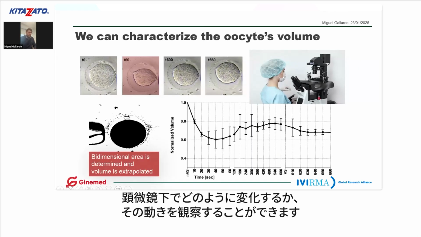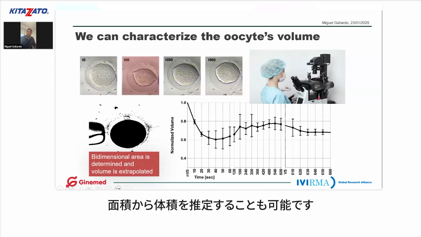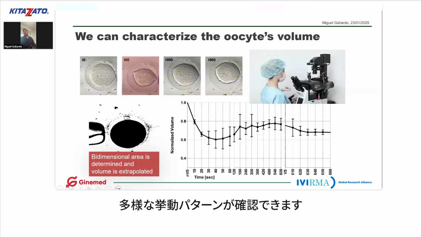When we cryoprocess an oocyte, we will see it under the stereo microscope, under the inverted microscope. We can see how it behaves. And if we happen to record it, and we extrapolate the volume based on the area, we can plot a very nice graph and see the osmotic behavior of the oocyte.